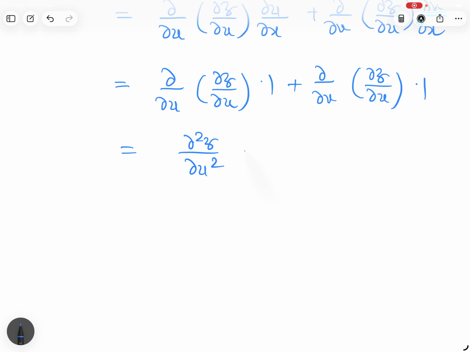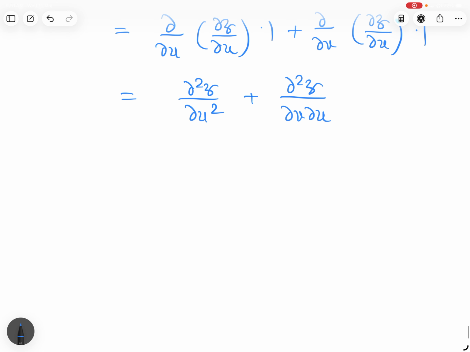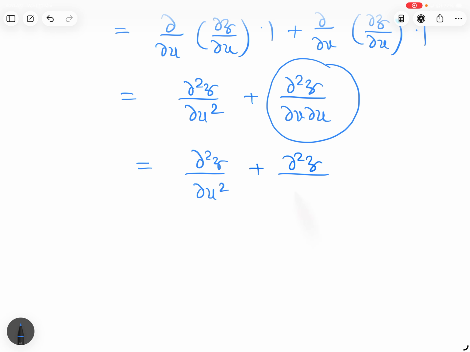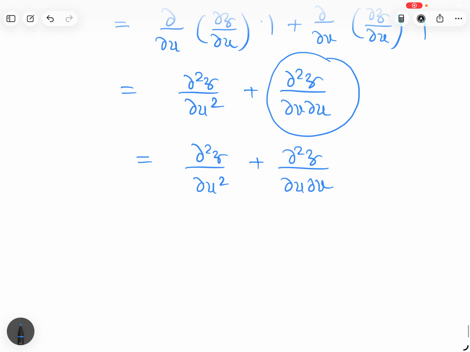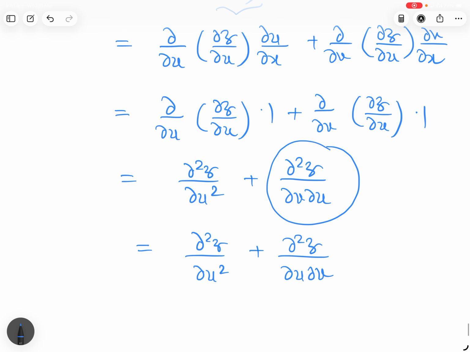And what will this be? Del 2Z del V del U. But I know del 2Z del V del U is equal to del 2Z del U del V, so in place of this I can write this, because both are equal. Okay, note it.